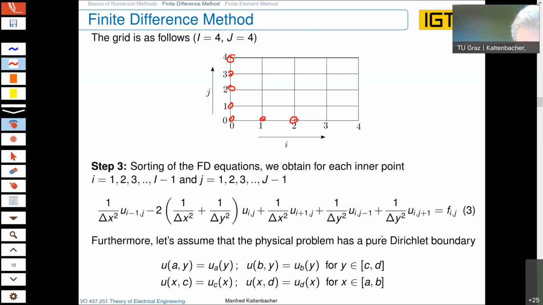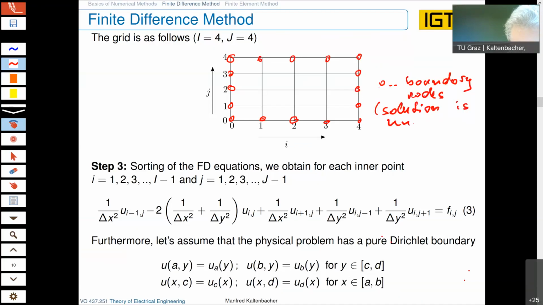Which means at these nodes we already know the solution. So these are boundary nodes, which means the solution is known.